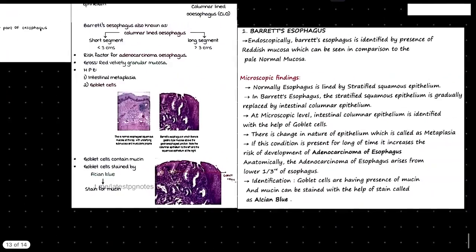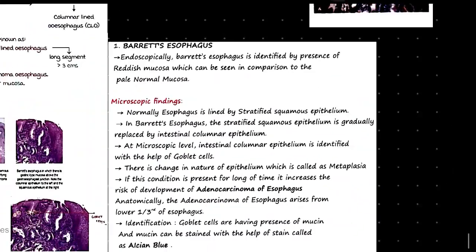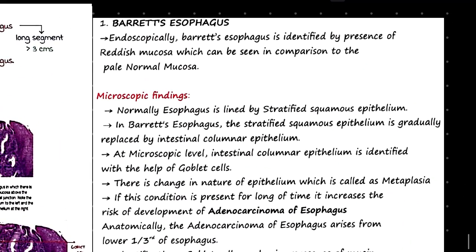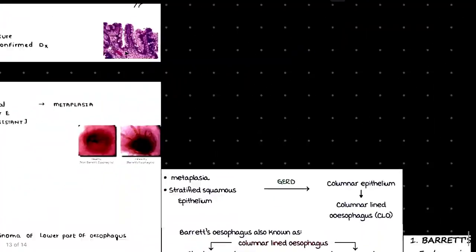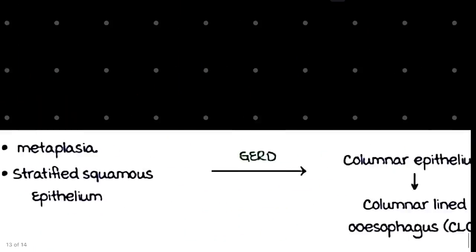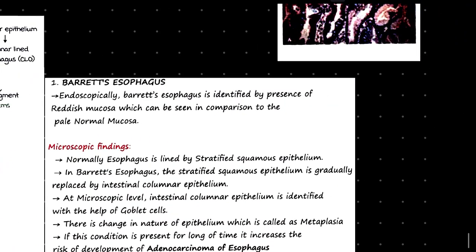Now moving further, same thing again, and I will be revising many things. How will we find out the condition of Barrett's esophagus? We can do endoscopy. While doing endoscopy, Barrett's esophagus is identified by the presence of reddish velvety mucosa, as mentioned earlier, in comparison to pale normal mucosa.